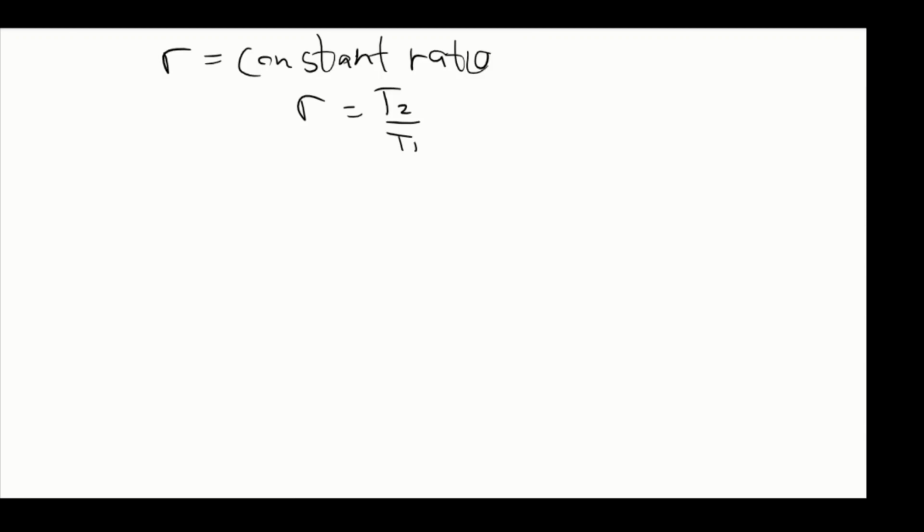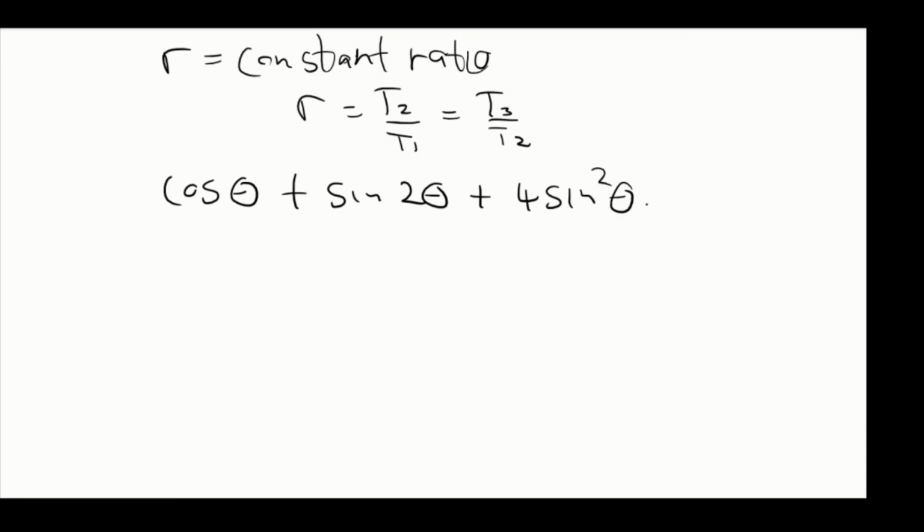A geometric series must have a constant ratio throughout, meaning the ratio of T2 over T1 must be equal to the ratio of T3 over T2.